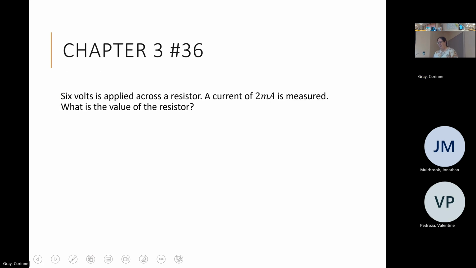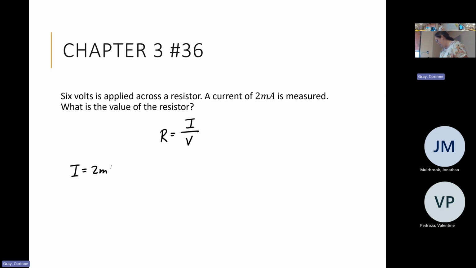Okay. So 36, we're going to use R equals V over I. What do we want to think about before we solve this one? Okay. So I have a prefix on my current. So I'm given 2 milliamps. So do I want to keep it as milliamps or do I want to deal with it now? Okay. You can keep it.